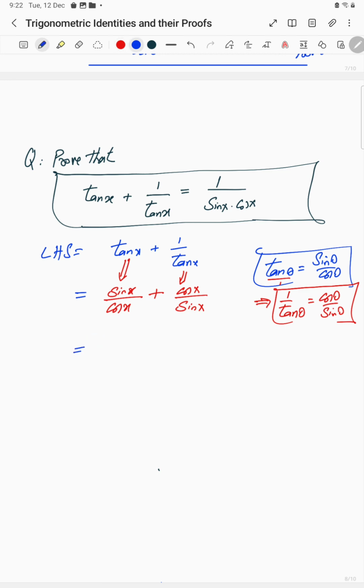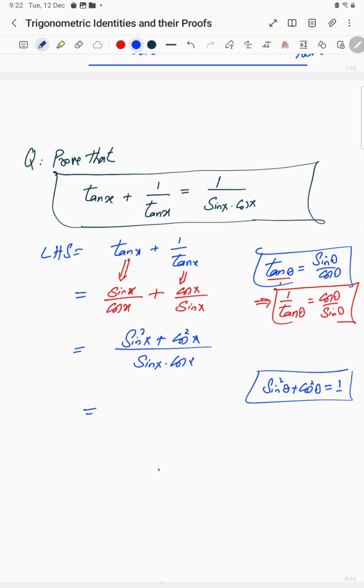Now take the LCM, because in the result we have to write a single fraction. So sin x times cos x, it becomes sin square x plus cos square x. We know again sin square theta plus cos square theta is equal to 1, as we have proved it.